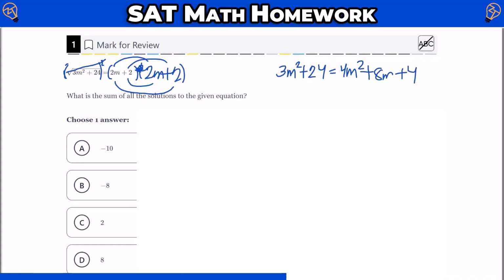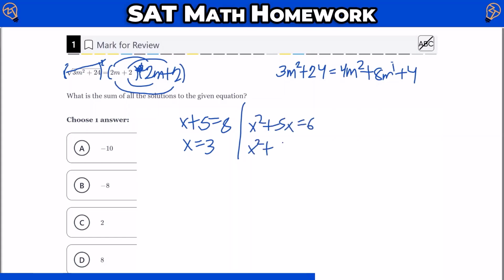Now remember that in algebra, you always have basically two scenarios. If you had one type of x, you'd get x's on one side, numbers to the other. If, however, you had more than one type of x, remember that's the scenario where you want to get everything equal to 0 so that you can factor and solve.